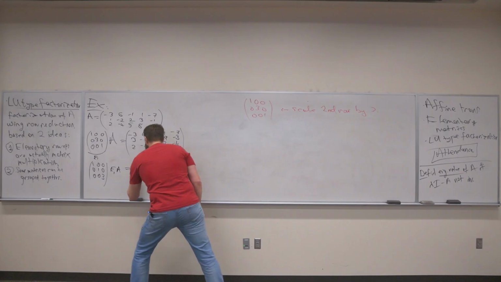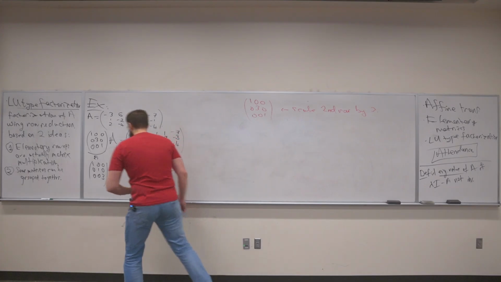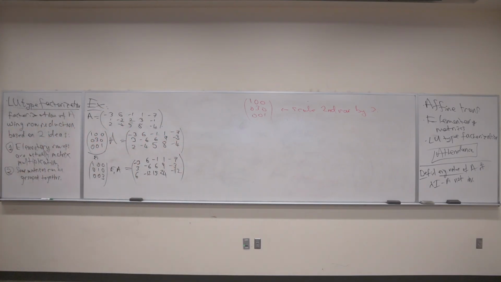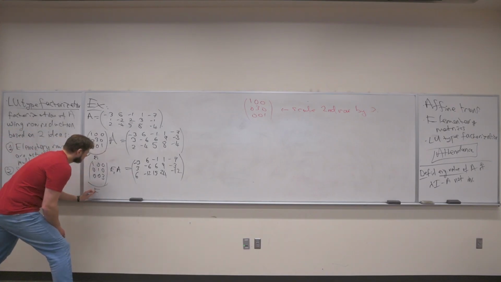Now this is 6, minus 12, 15, 24, minus 12. Okay? And I can call this, for instance, E2.